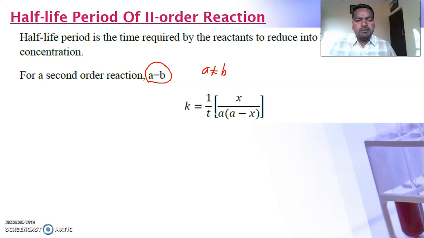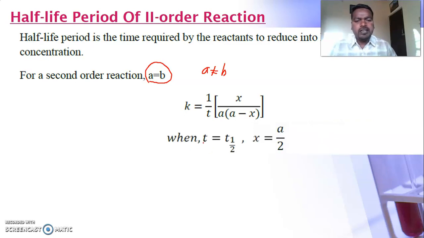Then, as we did in the previous derivation, substitute the values. Take t as t half and x is equal to A by 2, as I explained earlier. Substitute the values of t and x in the above equation.